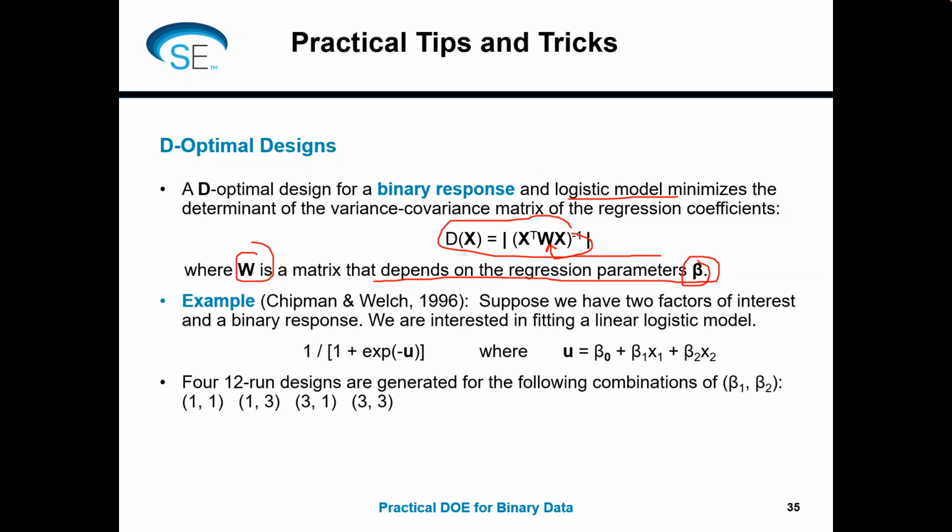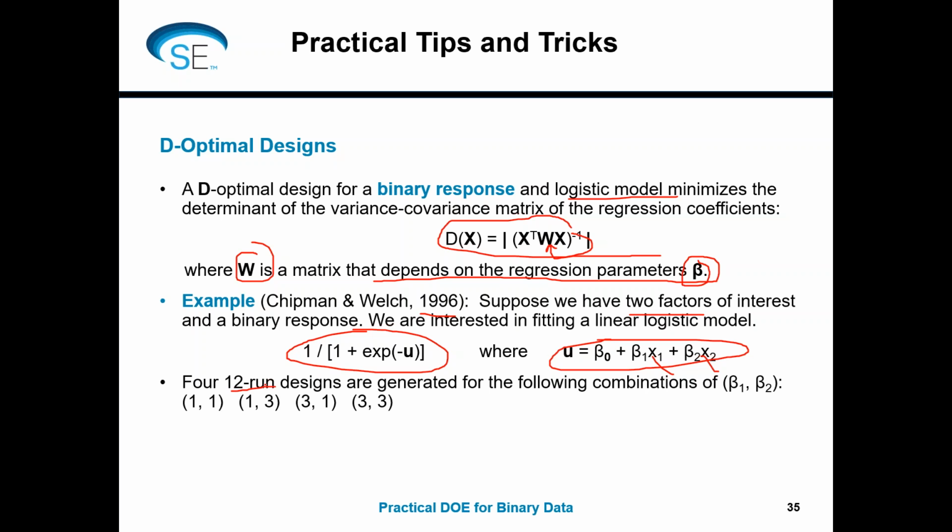So here's a really cool example, which was done in the mid-90s, where Chipman and Welch tried to create the D-optimal design in a bunch of different scenarios and wanted to see how similar or different they would be. Suppose you have a binary response and two factors of interest, and you're fitting just this linear logistic model, so we're not worried about interactions.